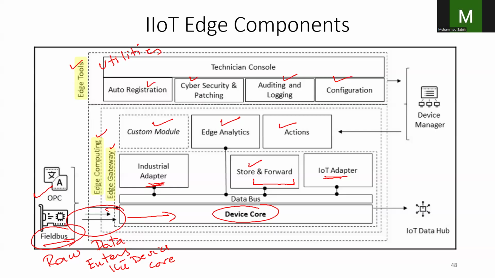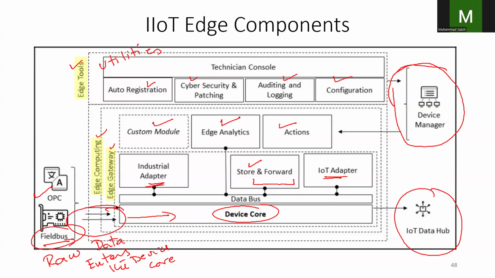And then on the right side here, we have the device manager. The data flows outward to the IoT data hub and the device manager. Why is it coming here?